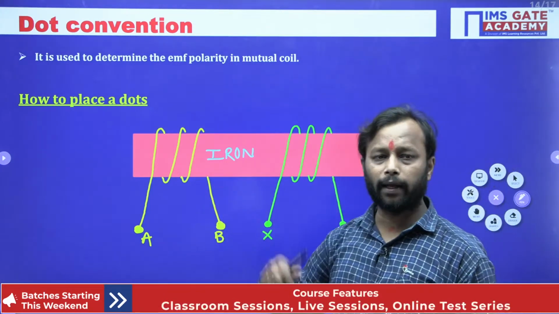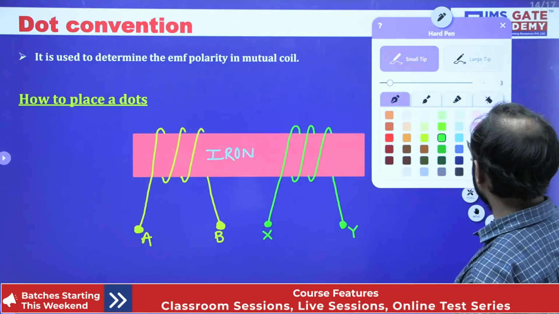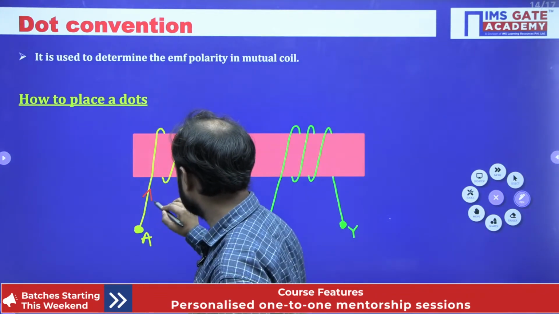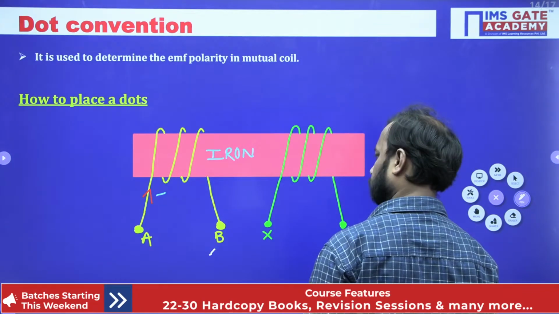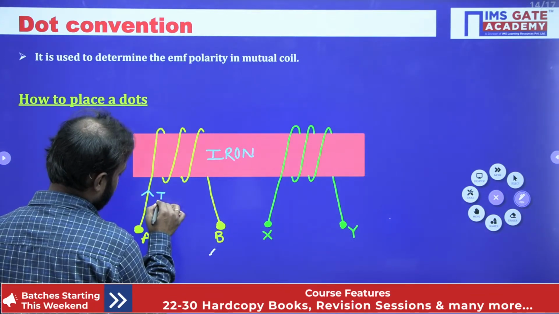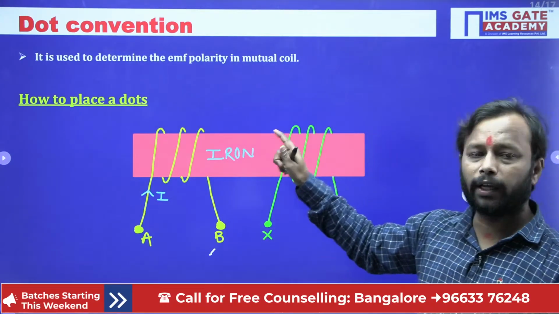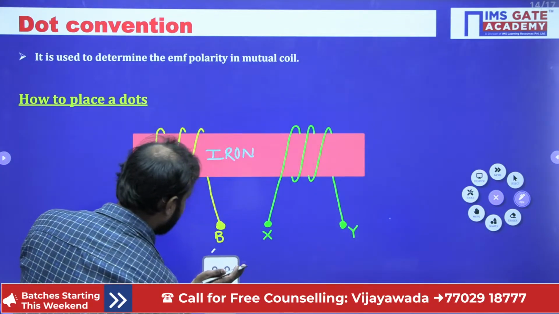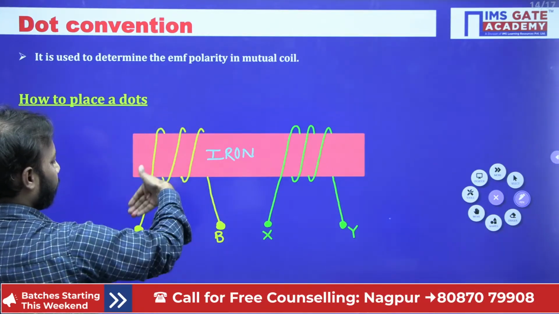In the first winding we are going to have an electric current like this. Okay. Now since we have an electric current, definitely it will give a magnetic field. Then what will be the direction of the magnetic field in this case? See, this is the iron and this is the front part of the winding.